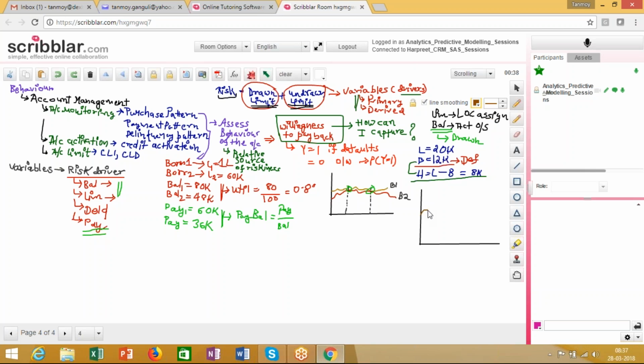For borrower one, this is the utilization that he does, and the payment that he makes is more or less like this. It's more or less a straight line.